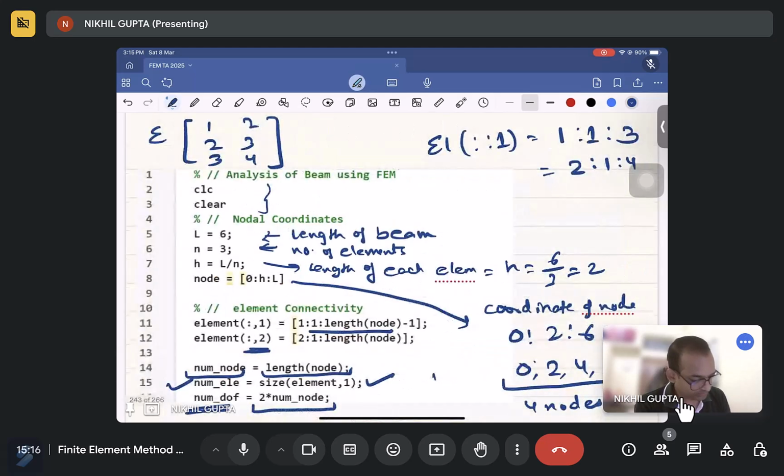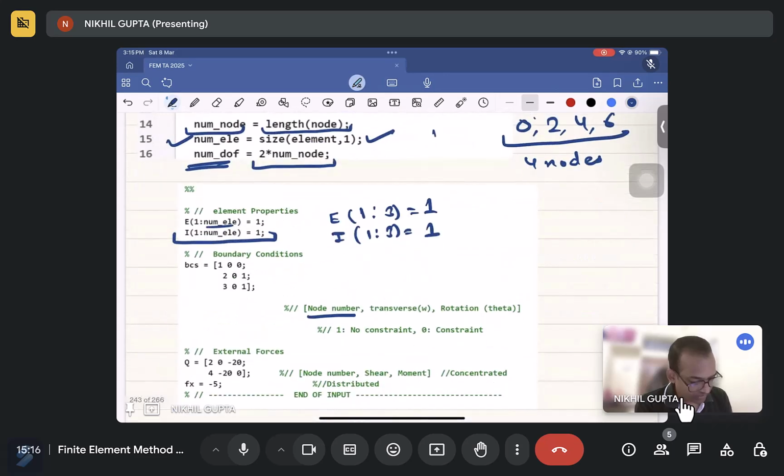So we have mentioned 1, 2, 3 as the three boundary conditions, and in the second column we define if any transverse load is there. If rotation is there, we define it in the second column. So if it is constant, we'll put it at 0. If it is not constant, we'll put it as 1.